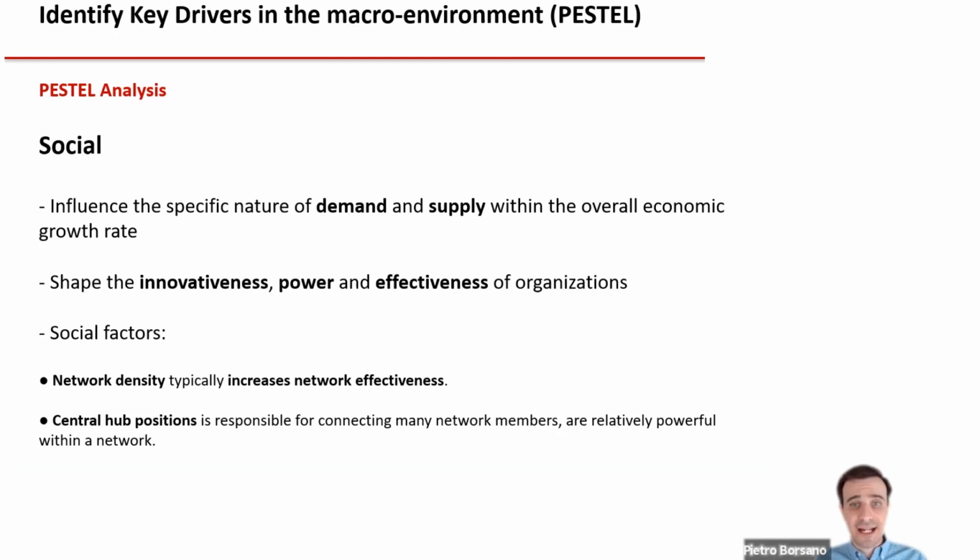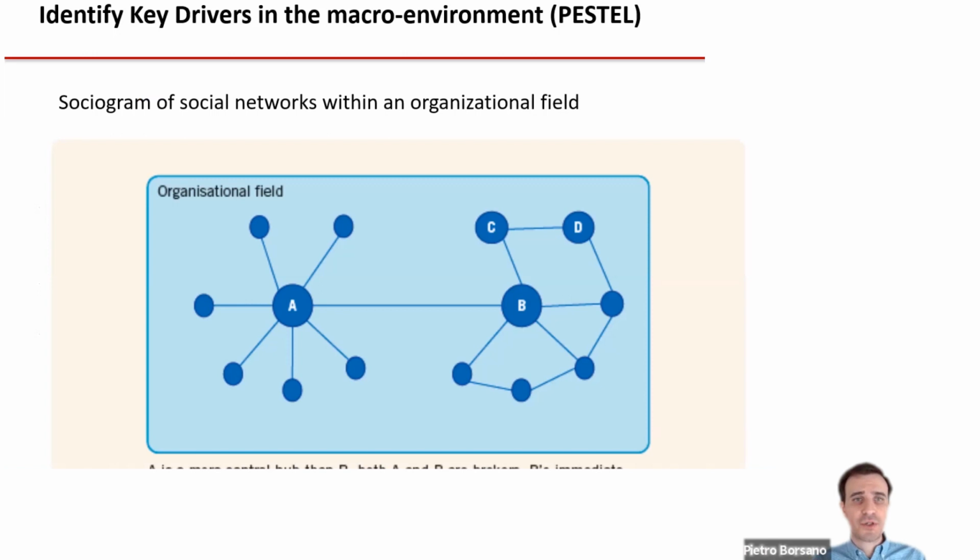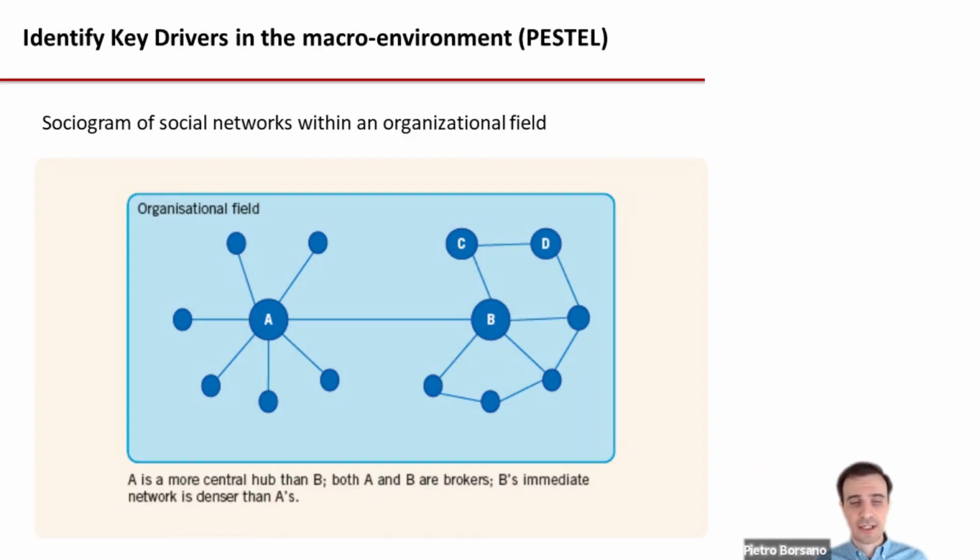And when we analyze a network, we identify these three key factors: the network density, the central hub positions, and the broker position. Again, let me show you here the organizational field, a sociogram of social networks, not as social media.